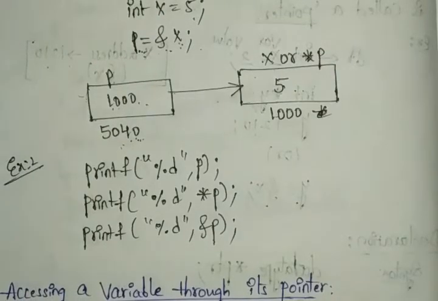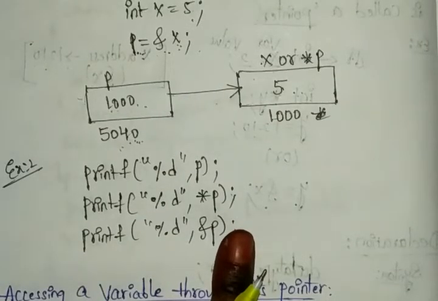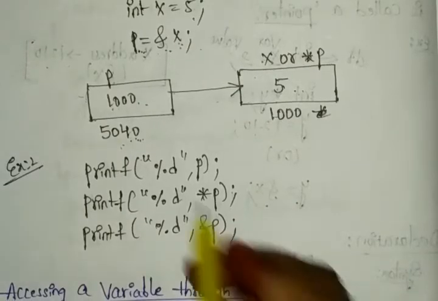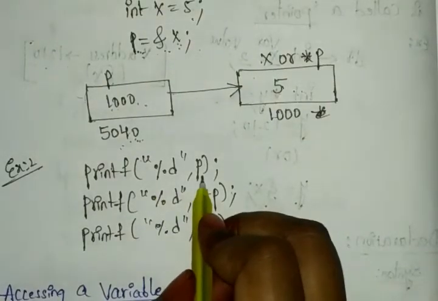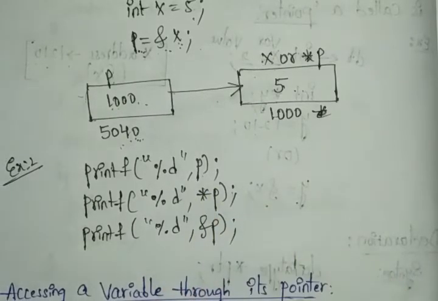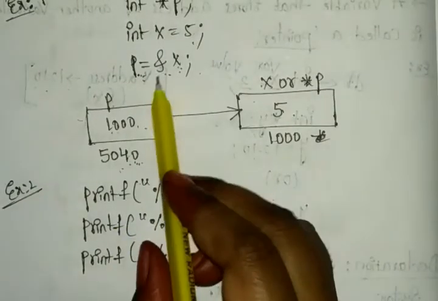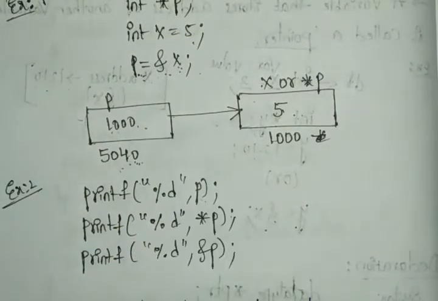For example, you can see first what we have. If you are running the program for this, it will be executing and the value will be like this, percentile d, p. What value will it have? It takes the address of the x value. The p will be having the address of the x value.